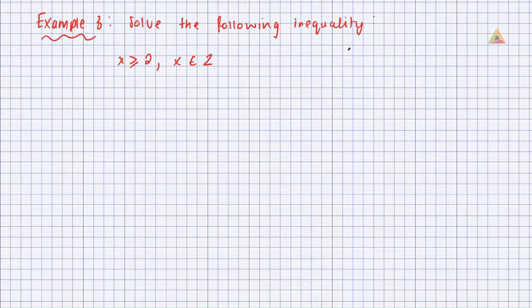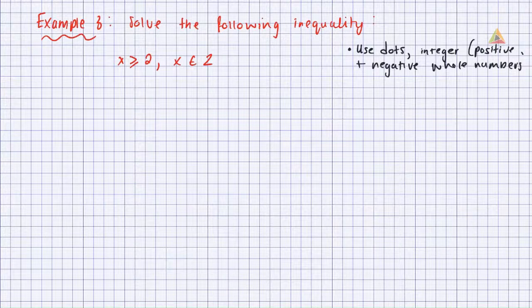So x is an element of Z, so we're going to be using dots, and it's an integer, which means we have positive and negative whole numbers. And the other thing then is that it's read as x is greater than or equal to 2.